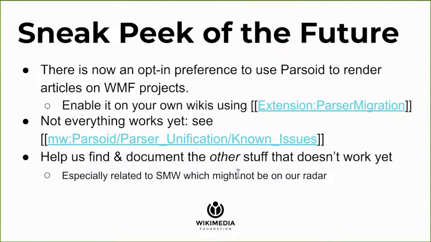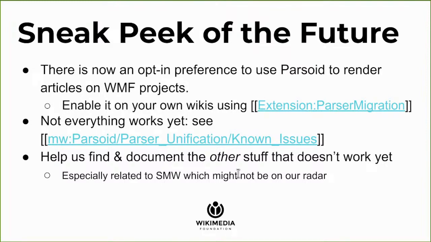So you can do this too on your own wikis. The Parser migration extension is a very thin extension, which just adds this preference. Parsoid is integrated in core. You probably need to be running as close to the current master of WMF development as possible right now. It's technically compatible with 141. The support will be much more robust when 142 gets released.